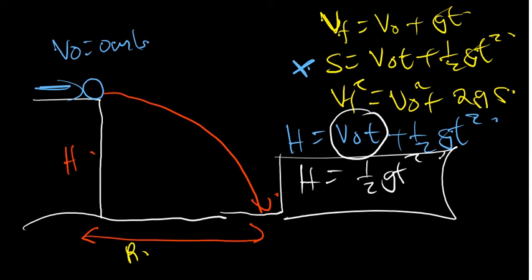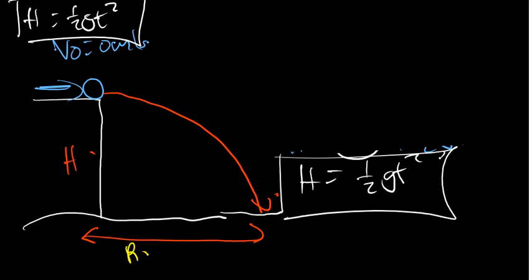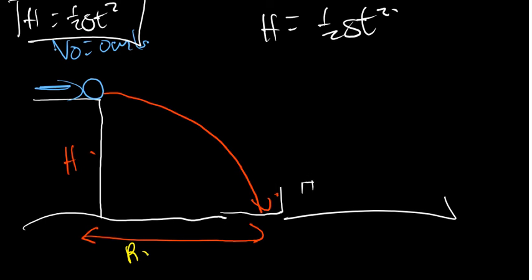From the same formula, it can also help us to find the time. So we have the first formula, which is H is equal to half GT squared. Now we need to see the formula which is going to help us to find time.